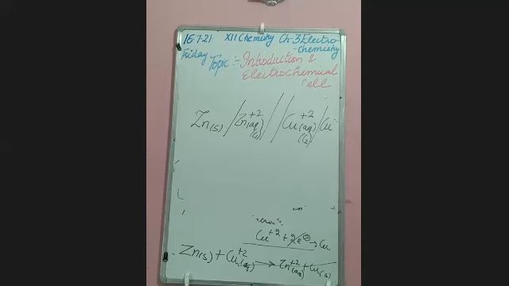Yes, Divya, you say. Yes, very good, Anish. It is from cathode to anode. Electrons will flow from anode to cathode and current from cathode to anode.